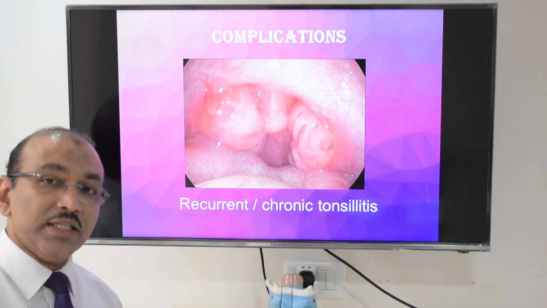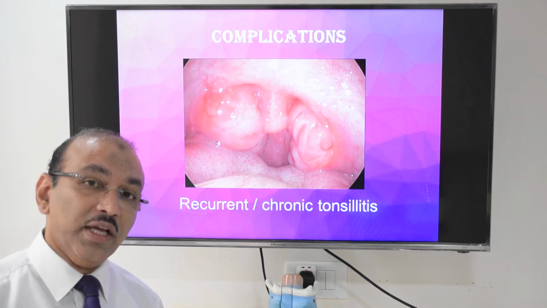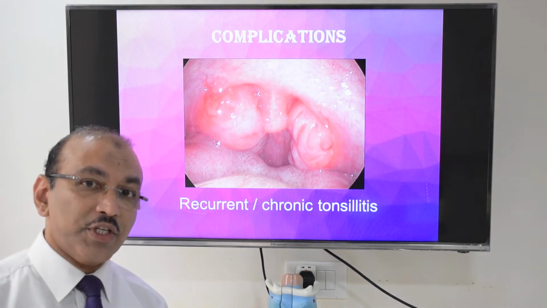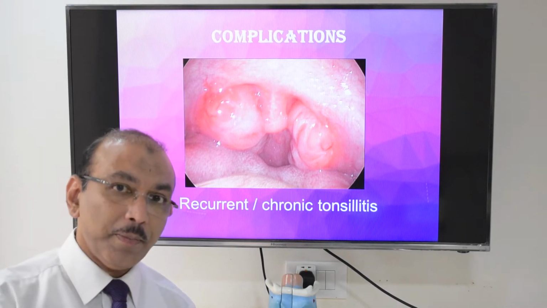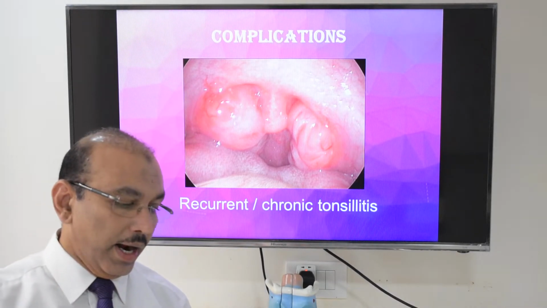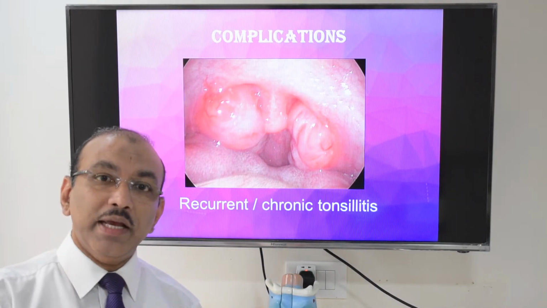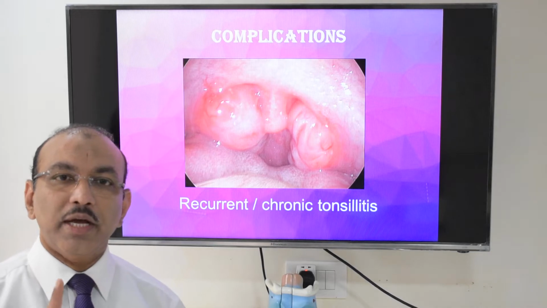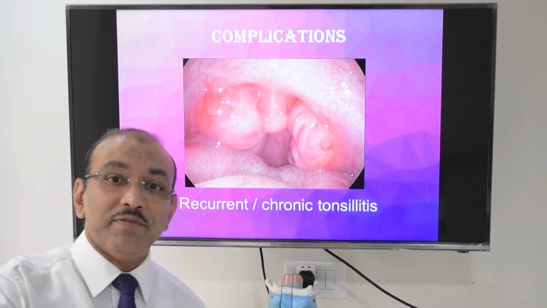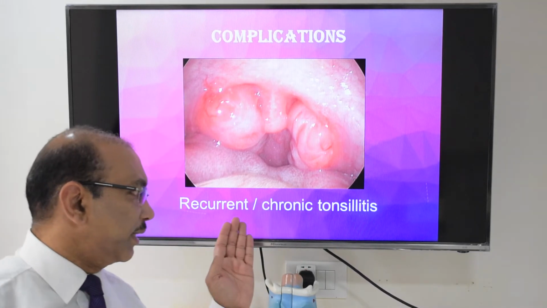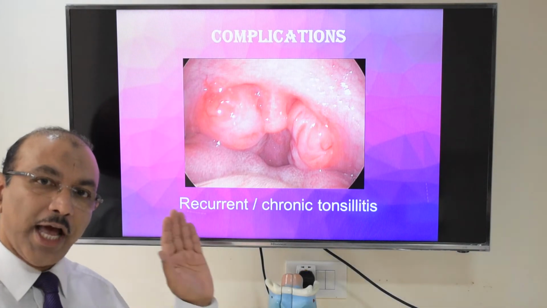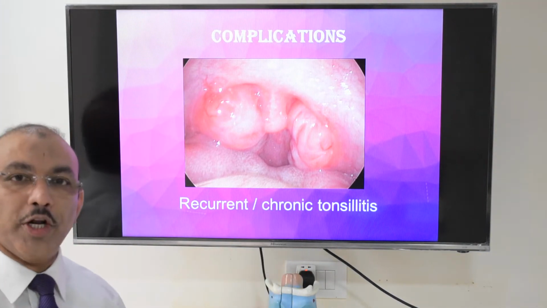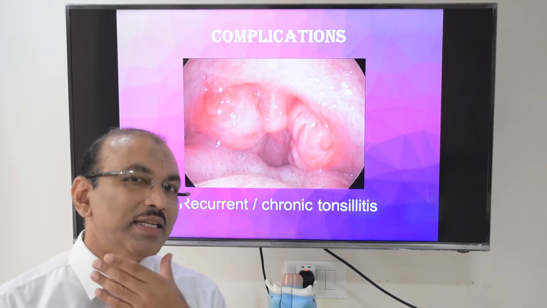Recurrent means the child will get repeated infections. In each episode, he will complain of fever, throat pain, unable to swallow. Examined by an ENT doctor, he is diagnosed with tonsillitis and prescribed antibiotics. Like that, he may have several infections per year. That is recurrent tonsillitis.